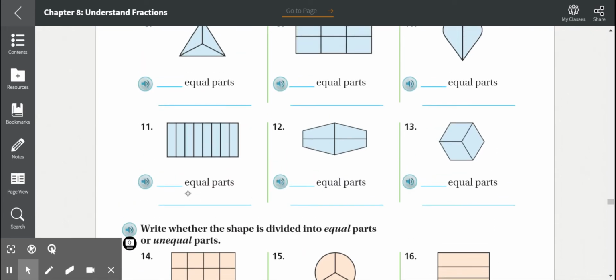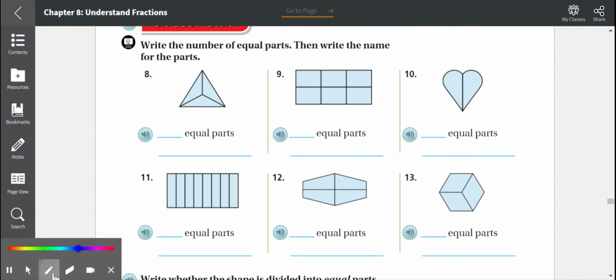Okay, you should have done all the way through 16. Let's quickly go through and correct. Okay, you should have 3 equal parts. These are called thirds. 1, 2, 3, 4, 5, 6 equal parts.